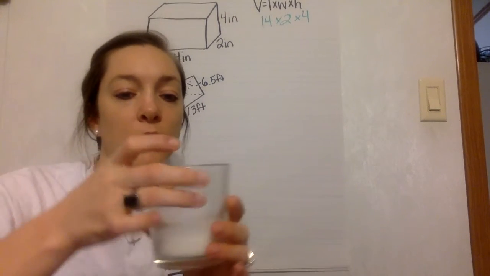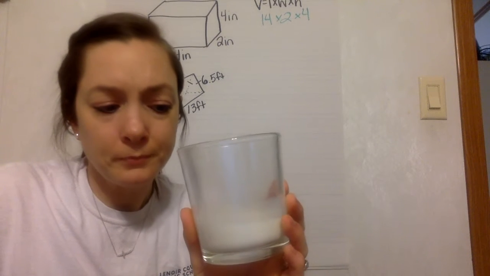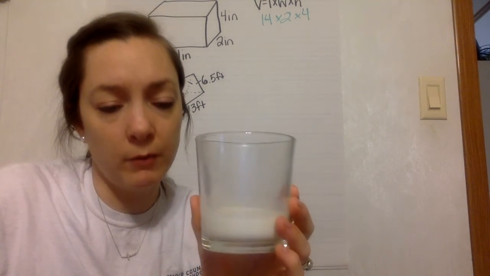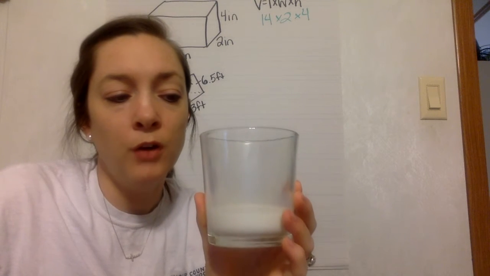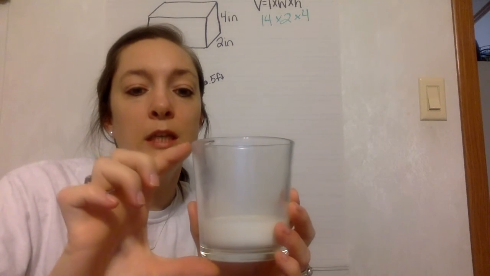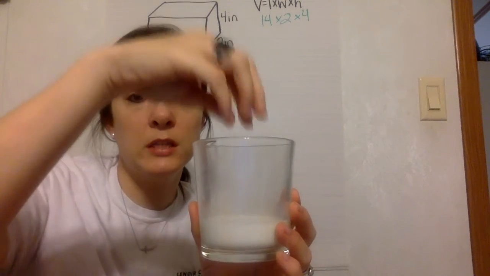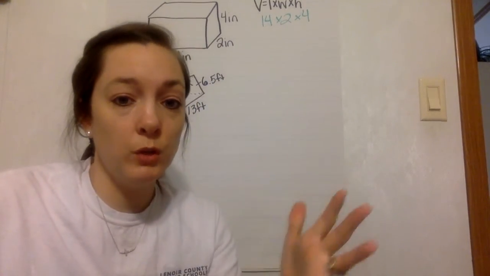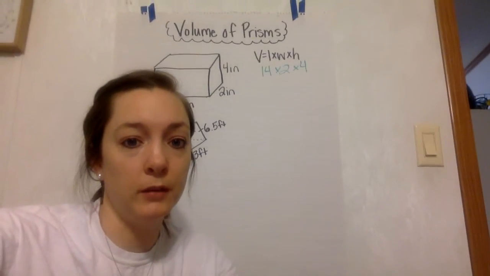So today we're going to talk about volume. I got Gabe's milk cup. I don't want to pour too much milk in here because it's going to spill and get everywhere, right? So I need to know volume because I need to know how much liquid this cup will hold. Let's review what you guys know about volume and then go from there.